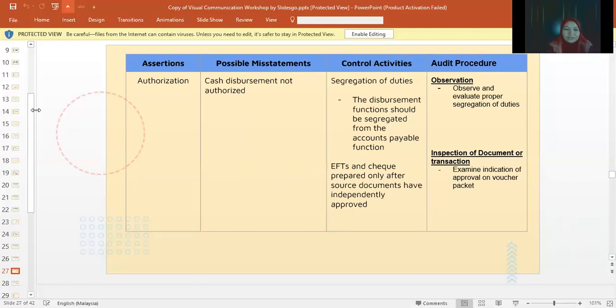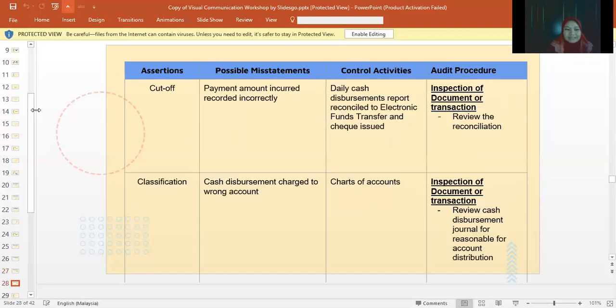And the audit procedure for the first is observation. Observe and evaluate the proper segregation of duties, and for the second control activity, the audit procedure involved is inspection of documents or transactions, examine indication of approval on the voucher packet.